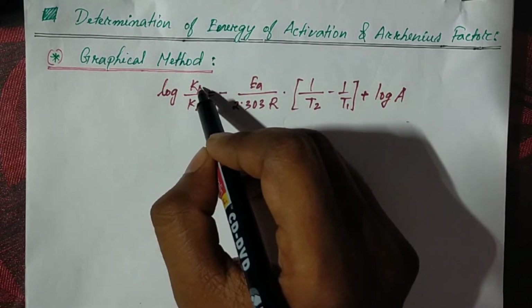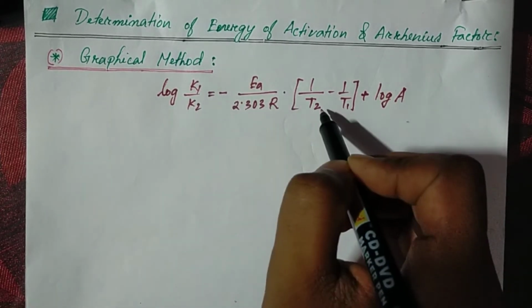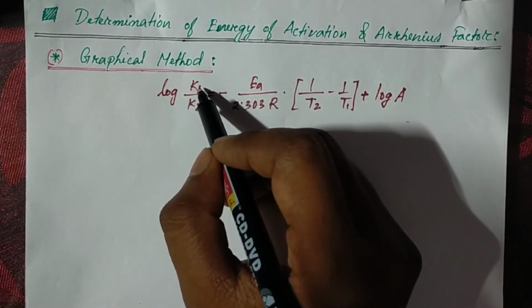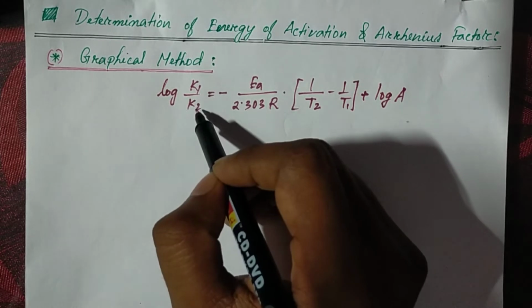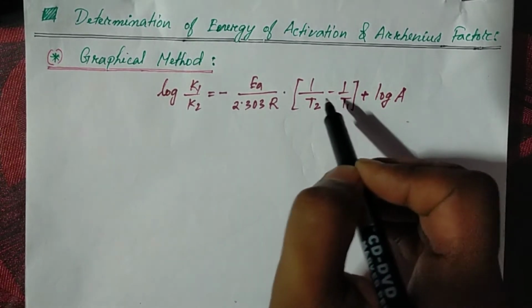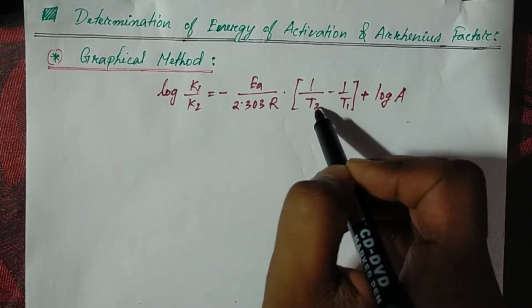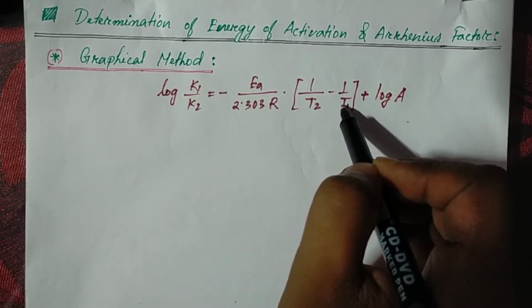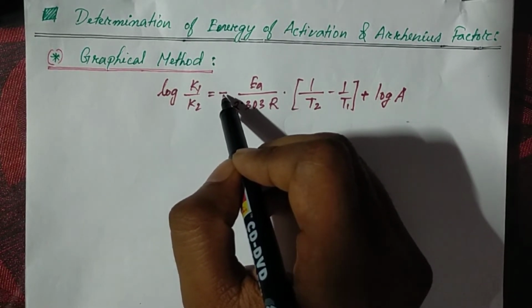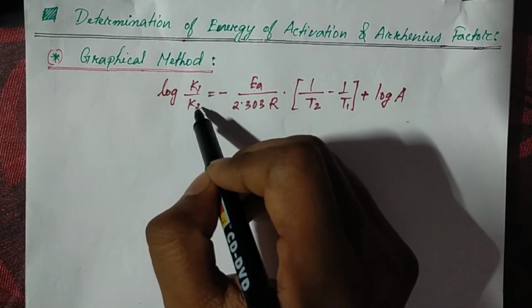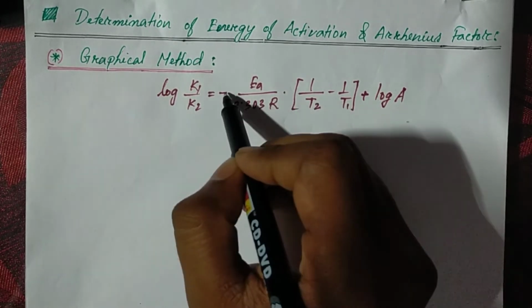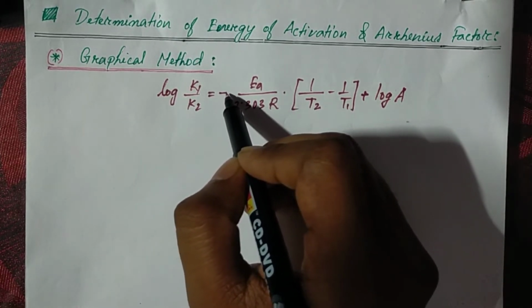If I write k2 by k1, here it will be T1 minus T2, and if it is T2 minus T1, then here it will be a minus sign.